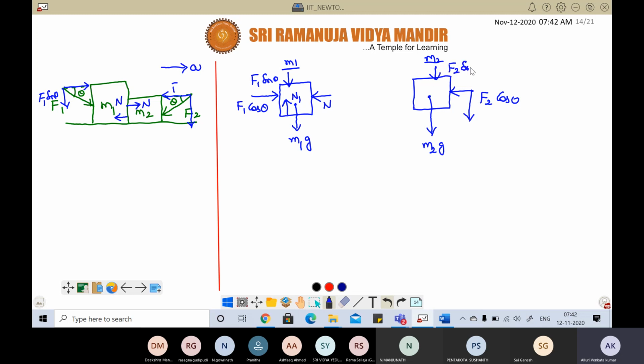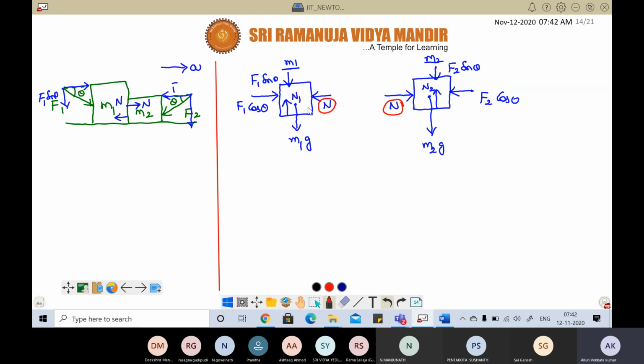Any vector can be shifted parallel to itself. Then one more force at the bottom is N2. And the normal reaction between these two blocks is N. So to find this normal reaction is what you are asking.